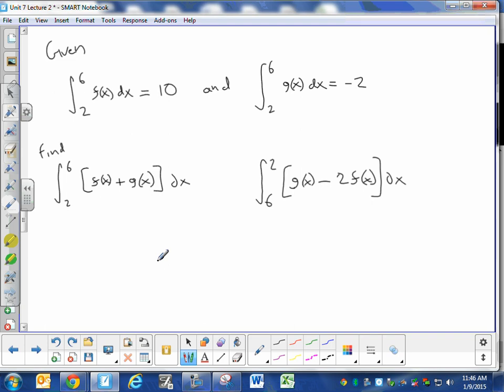What's the integral from 2 to 6 of f plus g? And then what's the integral from 6 to 2 of g minus 2f? Check with the neighbor.